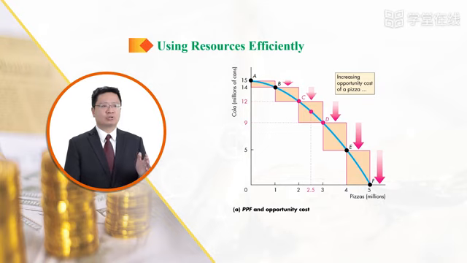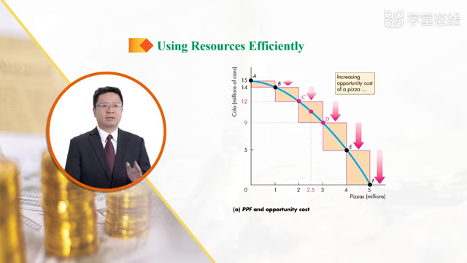The cost of the first million pizzas is 1 million cans of Coke. The cost of the second million pizzas is 2 million cans of Coke. The cost of the third million pizzas is 3 million cans of Coke, and so on.